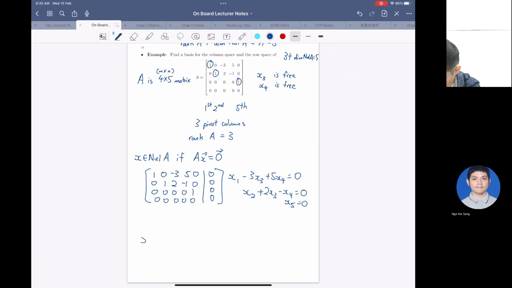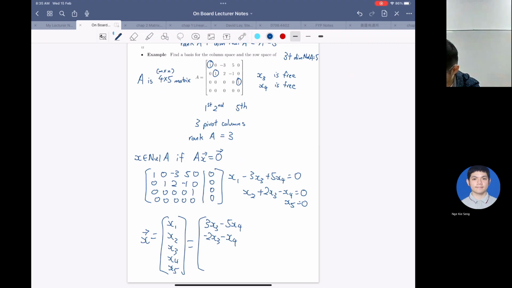So x equals x1, x2, x3, x4, x5, and then x1 will be equal to 3x3 minus 5x4, and then x2 equals minus 2x3 plus x4, and then x3 is x3, x4 is x4, x5 is 0.